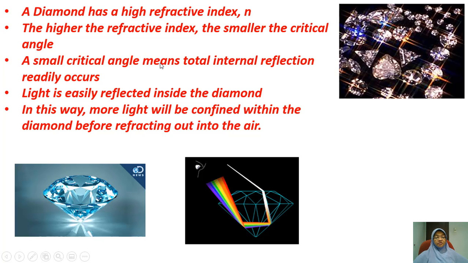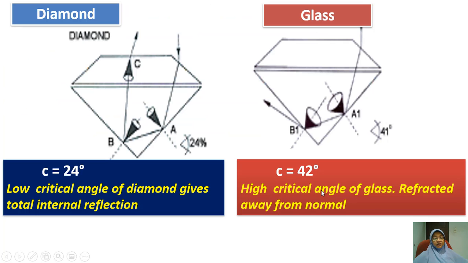A small critical angle means total internal reflection can occur readily, because the critical angle is small. Light is easily reflected inside the diamond. In this way, more light will be confined, trapped within the diamond before reflecting out into the air. That's why it sparkles, because of total internal reflection.